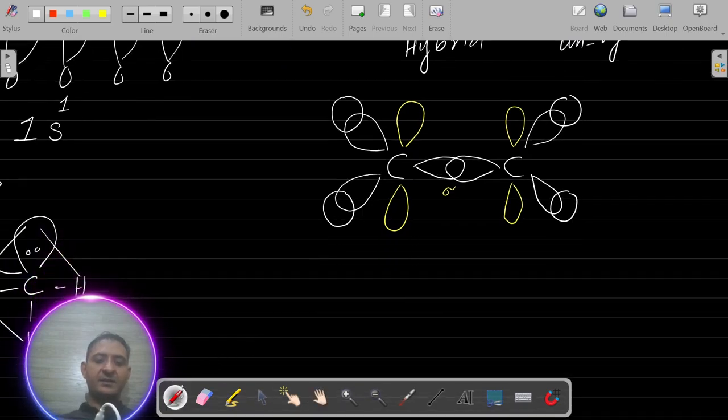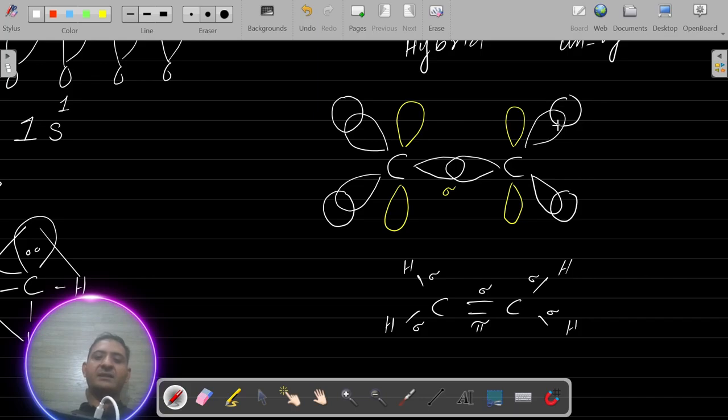For example, it is ethene, carbon-to-carbon double bond, and further they are connected with these hydrogens, like this. So this is a sigma bond, and one of the bonds is a pi bond, and all these bonds are sigma bonds.